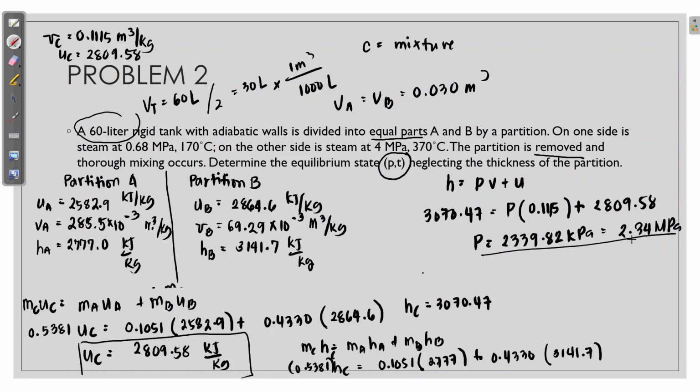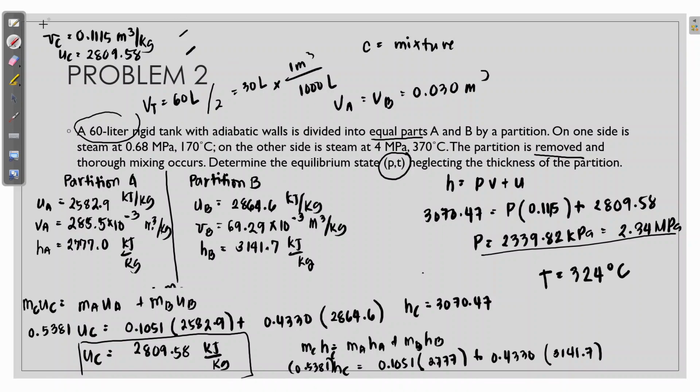Okay? Pag tinignan naman natin yung temperature, gagamit po tayo ng molar. Okay? Gamit tayo ng molar given itong mga values na ito. So, ang lalabas na temperature natin dyan ay 324 degrees Celsius.